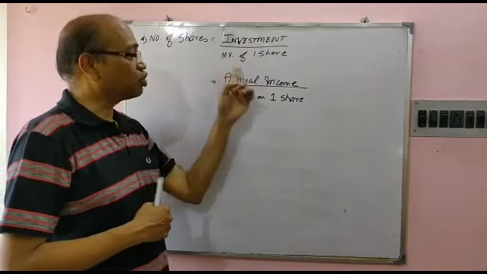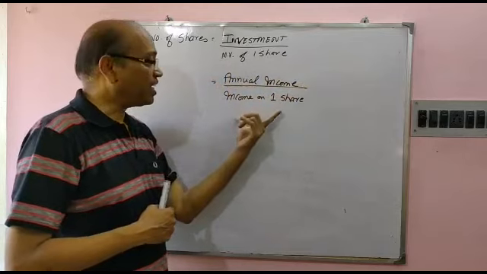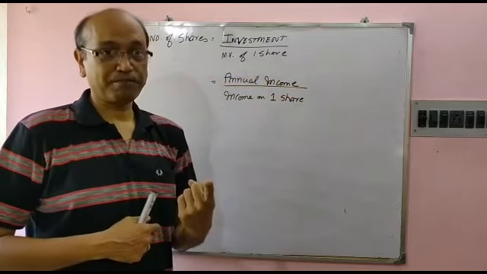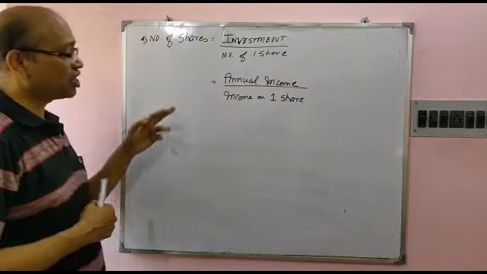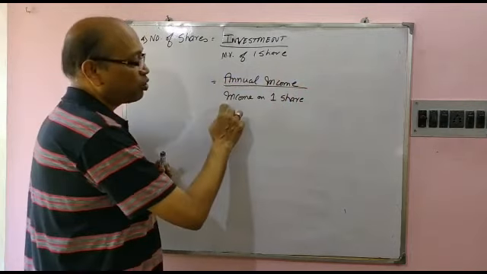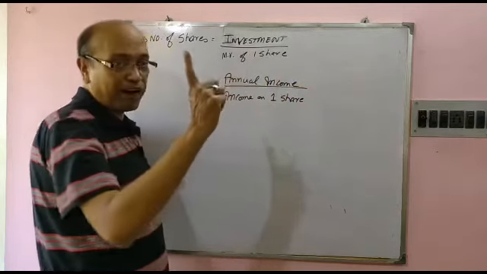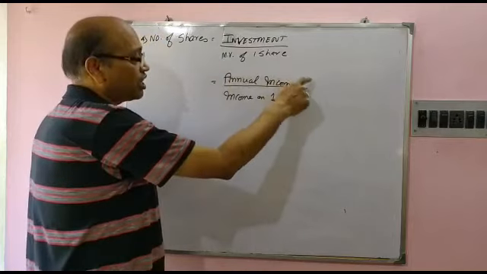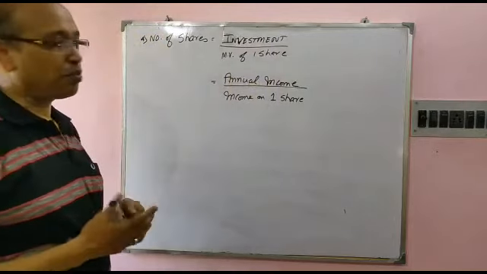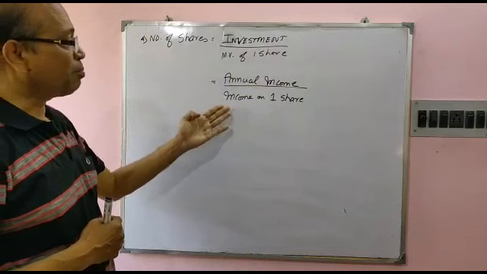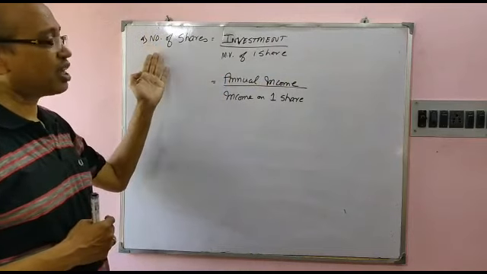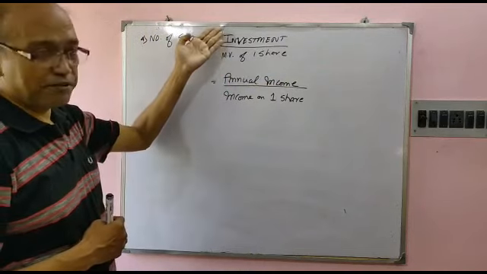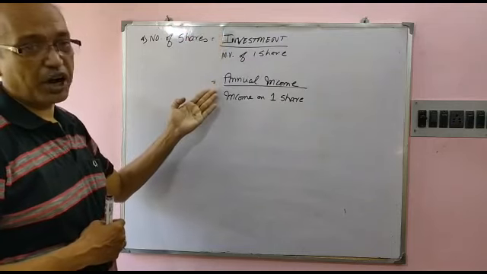How? It is the total annual income by income on one share. The number of shares can be found if I find the income of one share and the total income that we have got. So the number of shares can be found either from investment or from annual income.